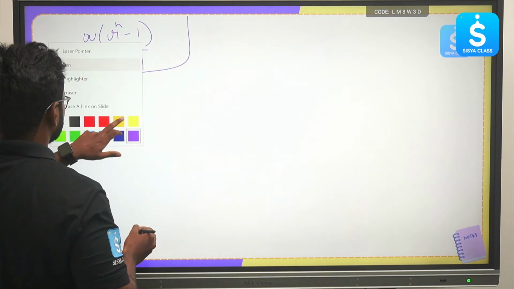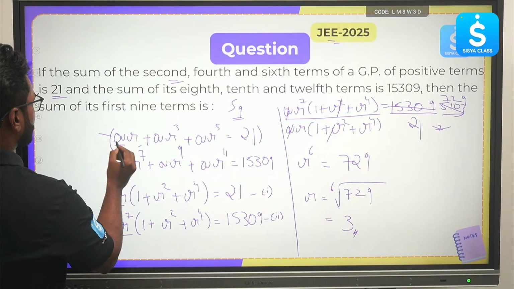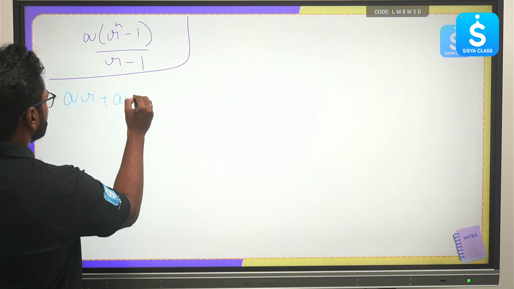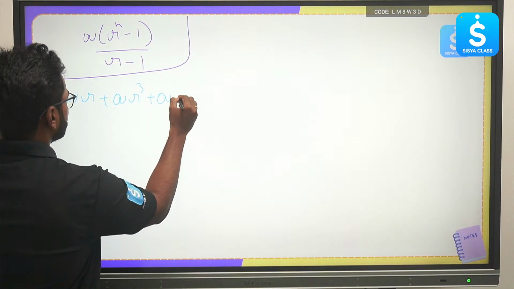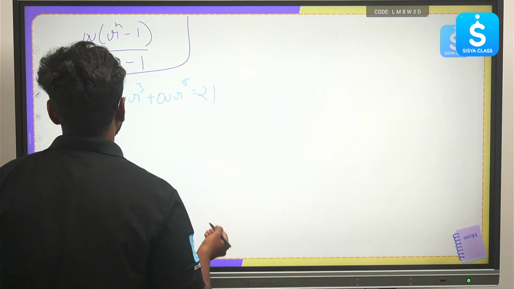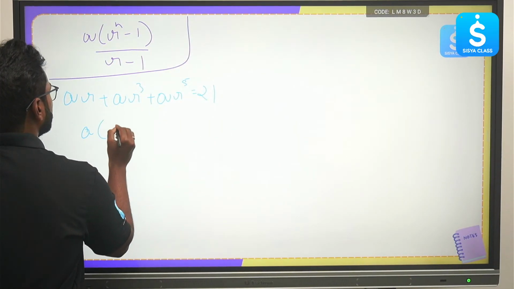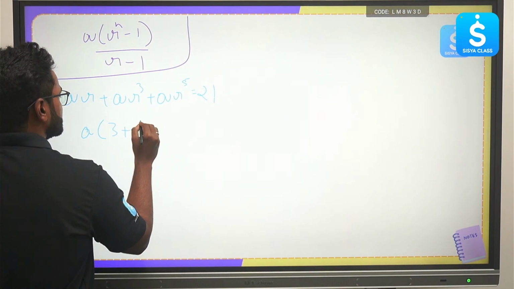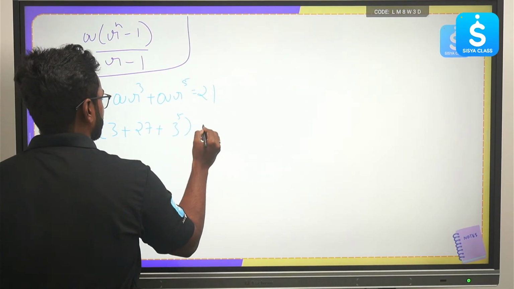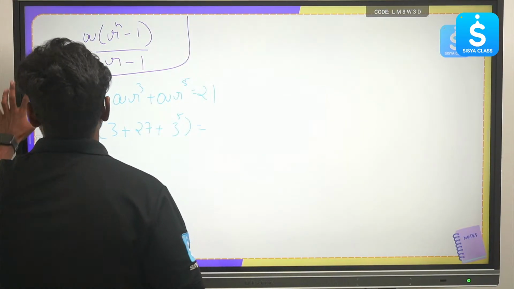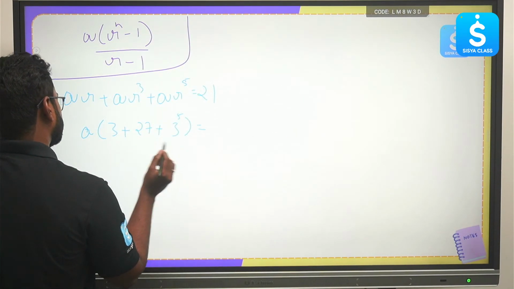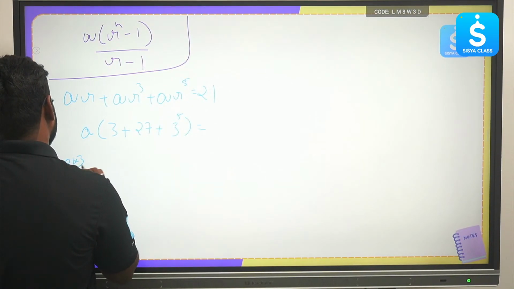Now, AR plus AR cube plus AR power 5 is equal to 21. Let us take A as common. This should be 3 plus 3 cube is 27 plus 3 power 5, right? 3 power 5 is nothing but 9 9s are 81, so 81 into 3, 243.